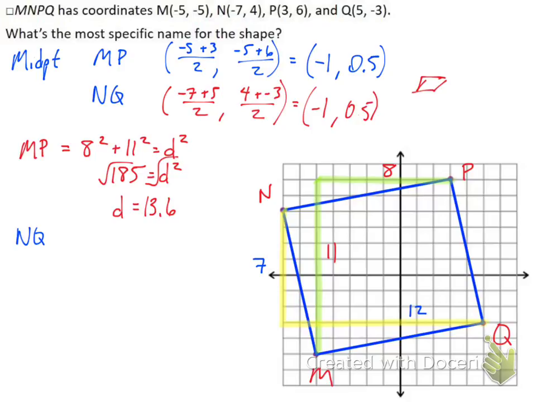So 7 and 12. So I can go 7 squared plus 12 squared is equal to d squared. So I get 49 plus 144, which gives me 193. So the distance ends up being 13.9. So I know that this is not a rectangle.